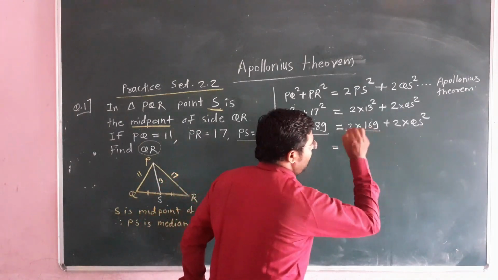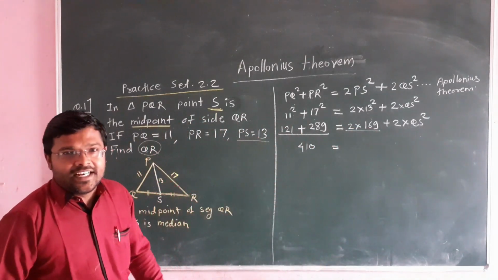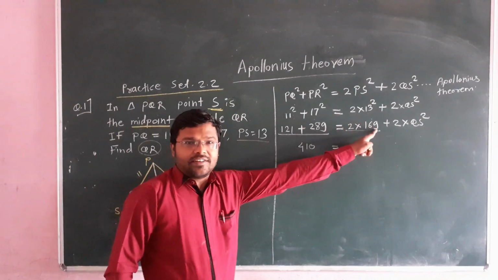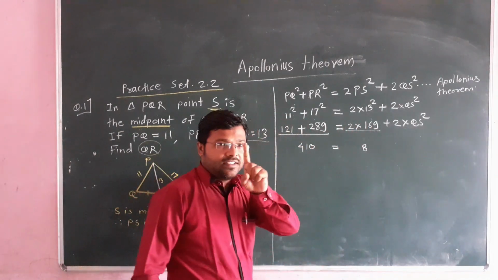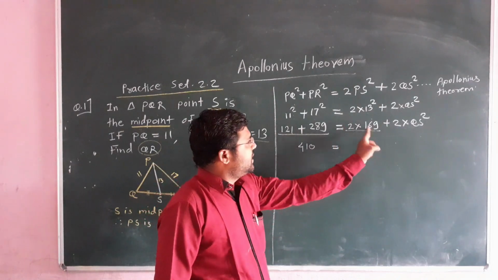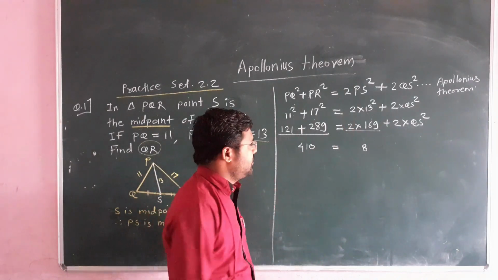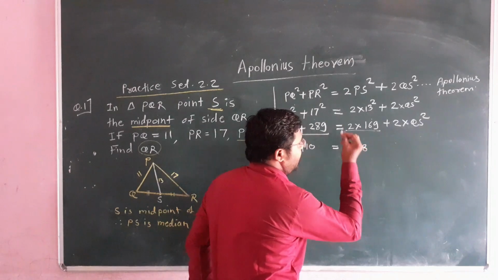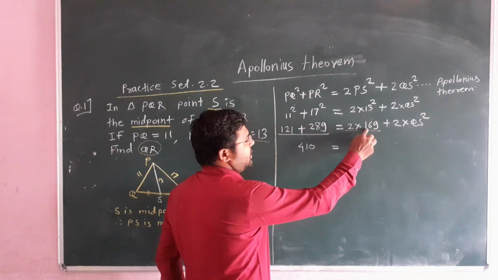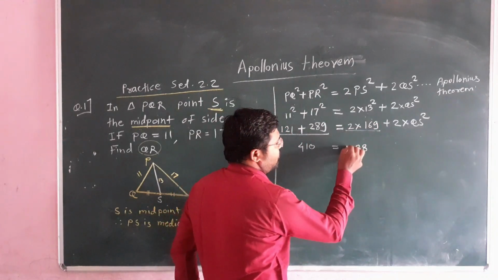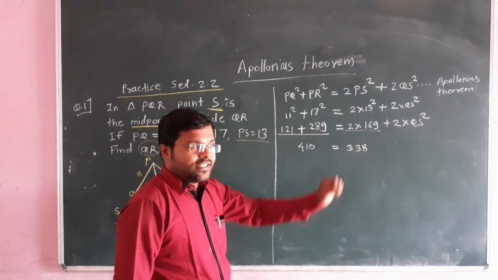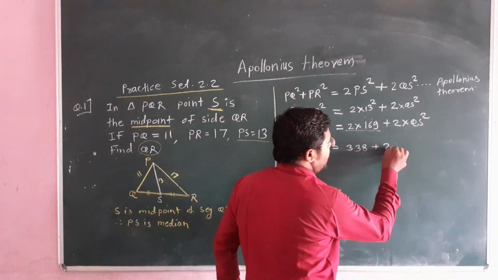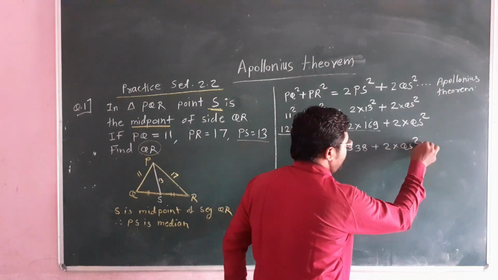Now multiplication of 2 into 169. 2 nines are 18, write 8, 1 carry. 2 sixes are 12 plus 1 is 13, write 3, 1 carry. 2 ones are 2 plus 1 is 3. So 338 plus 2 into QS square.